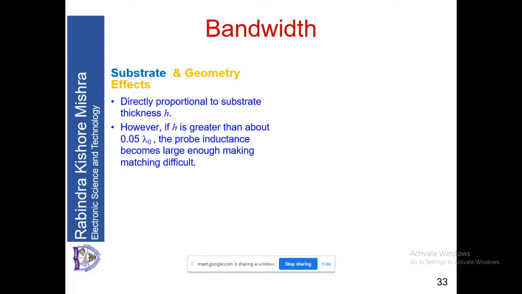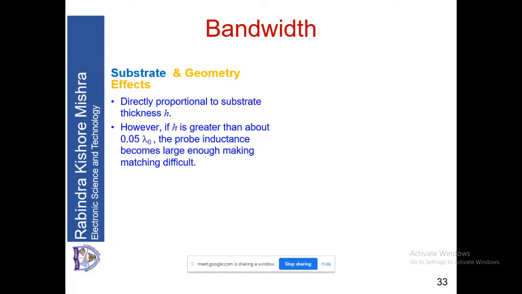If it is larger than 0.05 lambda 0, where lambda 0 is the free space wavelength, then the probe inductance that I discussed in the last class will come into play. That will become very large, and since it is large, it will be difficult to match. So again, everything good has a knob.